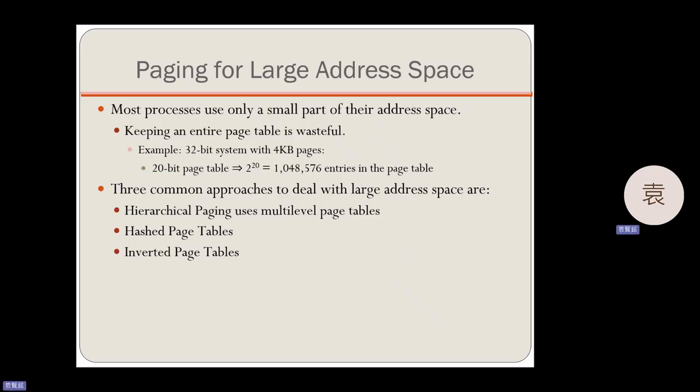For example, for a 32-bit system with 4 KB pages, we have a 20-bit page number. That means the entire page table may contain 2 to the power of 20 entries.